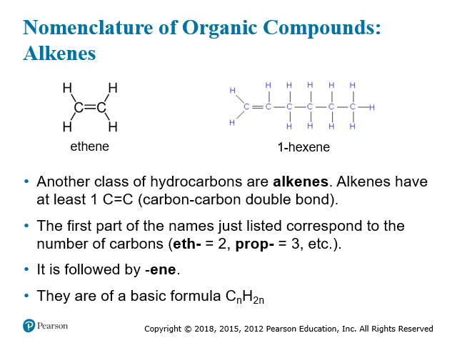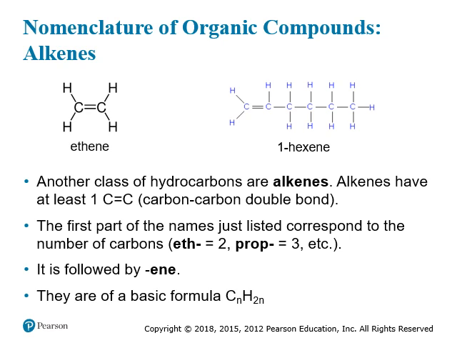Now, alkanes are not the only type of hydrocarbon. In alkenes, we see the presence of at least one carbon-carbon double bond. Now, they're going to be named similarly in that it's going to break up into two parts. The first part based on the number of carbons, and the second part being simply the letters E-N-E.